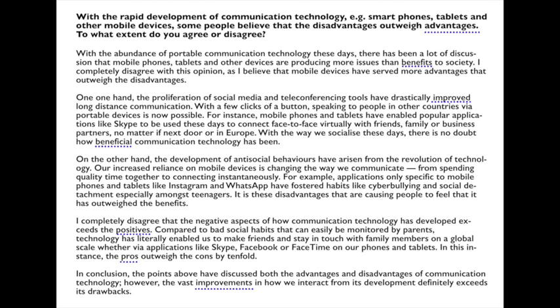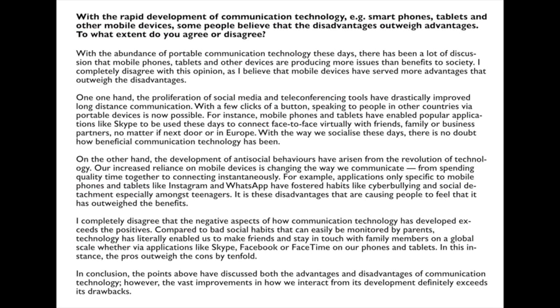So for instance, in this essay, the sample, the word advantages was used in many different ways. So do you guys see how I have written benefits, improved, beneficial, positives, pros, improvements? And disadvantages was also used differently, and so is communication technology. So by doing simple things like this, it gives you a bit more of a boost with lexical resource.